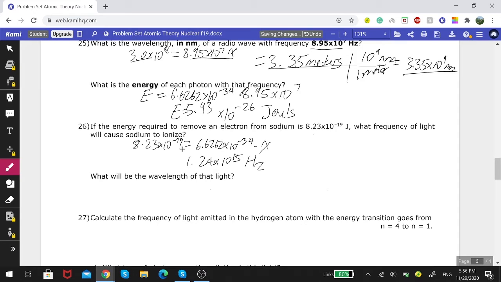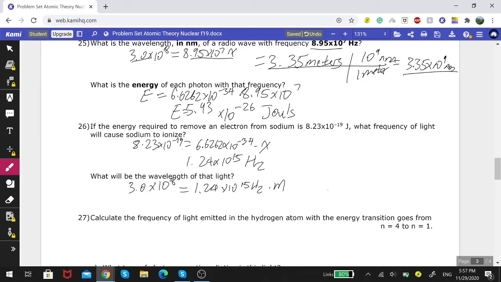What will the wavelength be? I'm going to have to use the other light formula. So 3.0 times 10 to the 8th meters per second is equal to 1.24 times 10 to the 15th hertz times the wavelength in meters. So divide 3.0 e to the 8th by 1.24 e to the 15th.